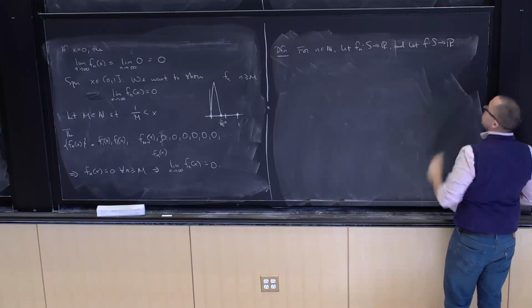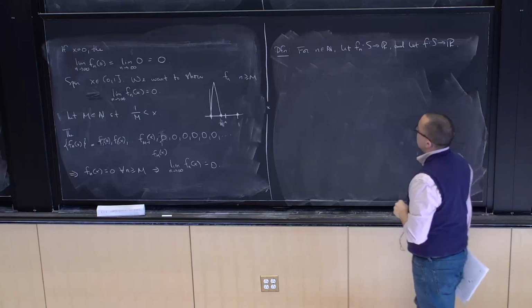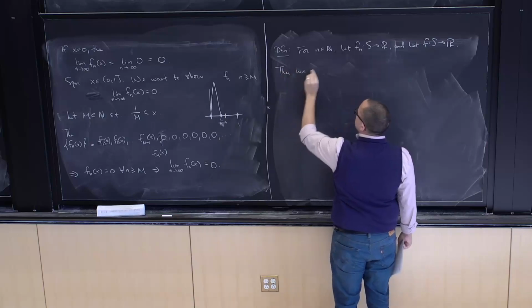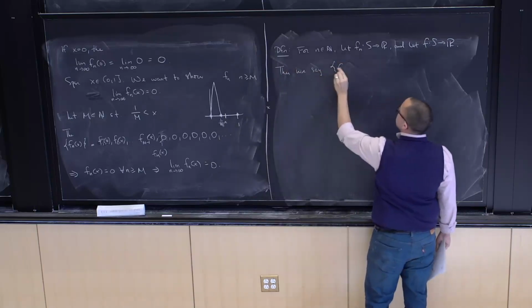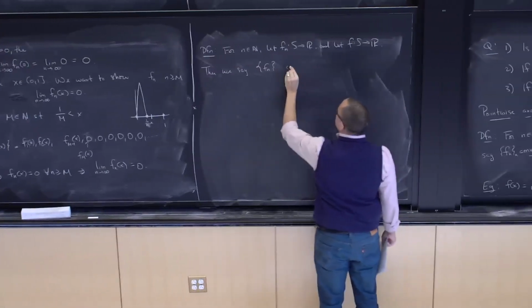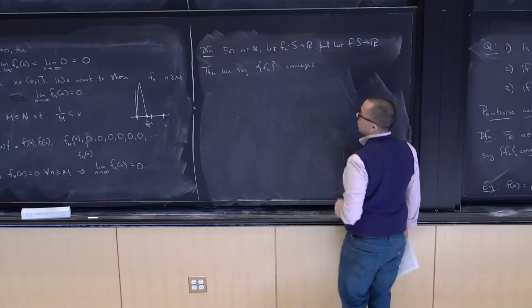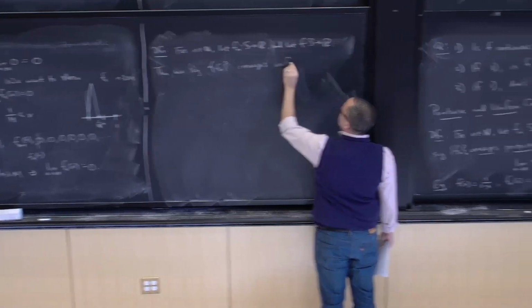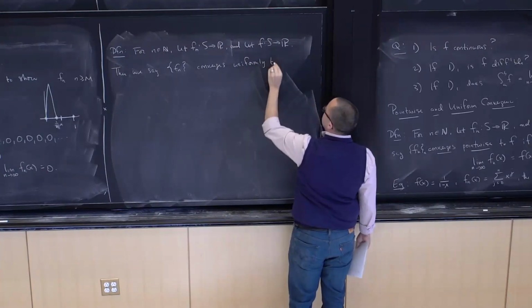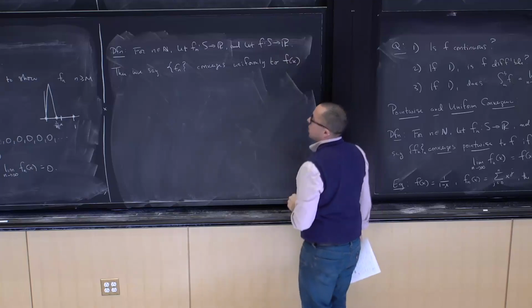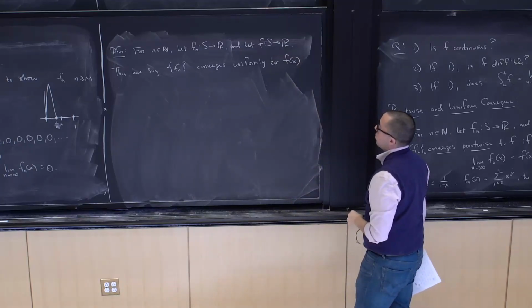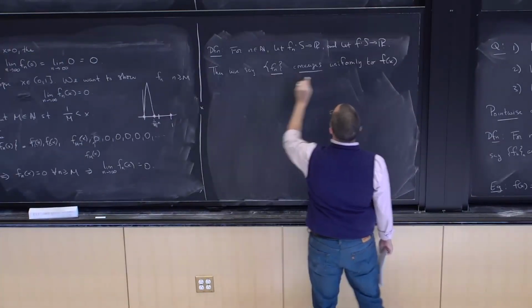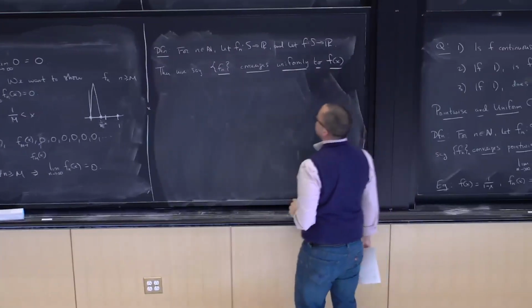We have a sequence of functions and a given function f from S to R, where S is a non-empty subset of R. Then you say the sequence fn converges uniformly to f. If I start mixing up some of my words, I'm always going to correct it, but the first word out of my mouth may not be the correct one.